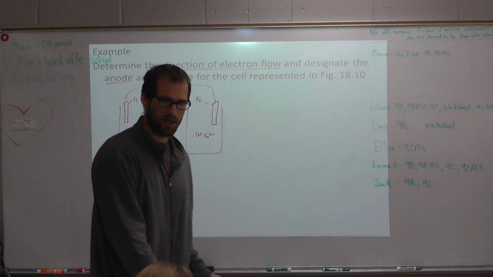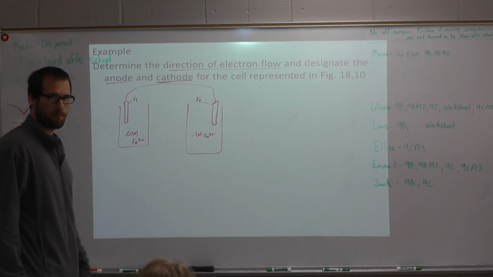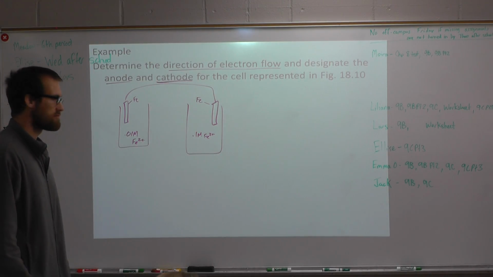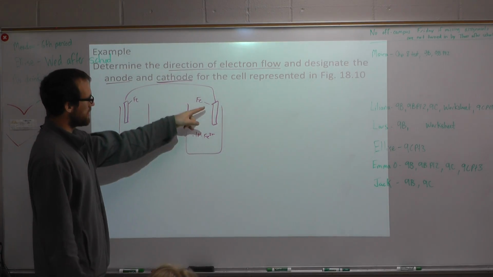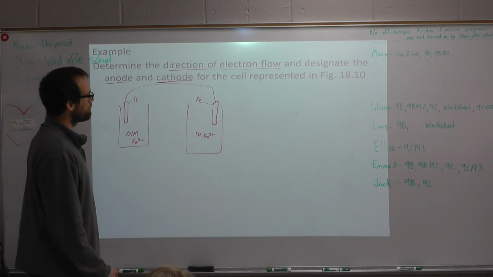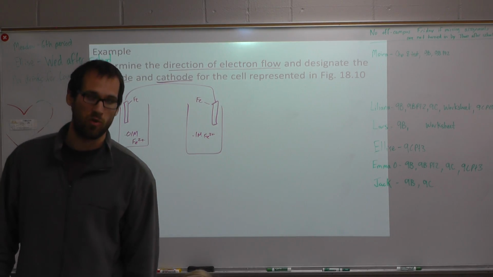You don't need to look in your book. Figure 18. This is the figure. I want you to figure out, will electrons go this way or this way? So the way you figure out the cathode is which way the electrons go.